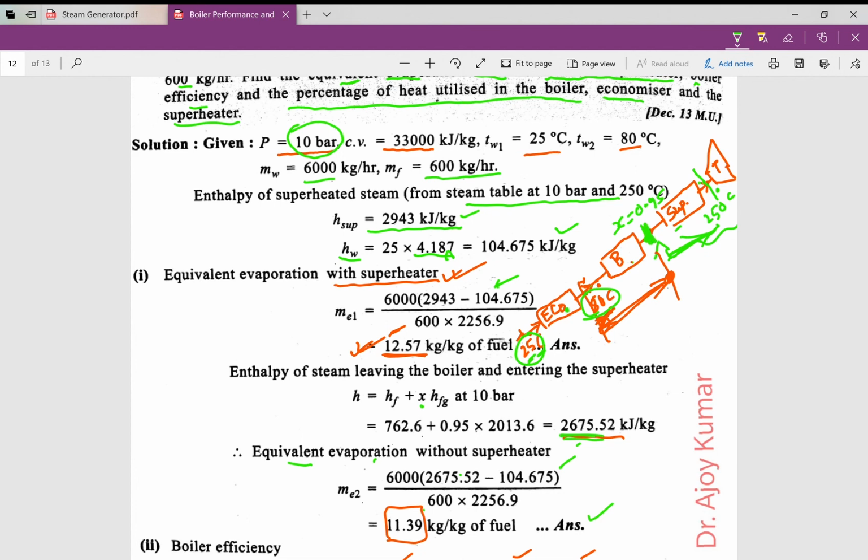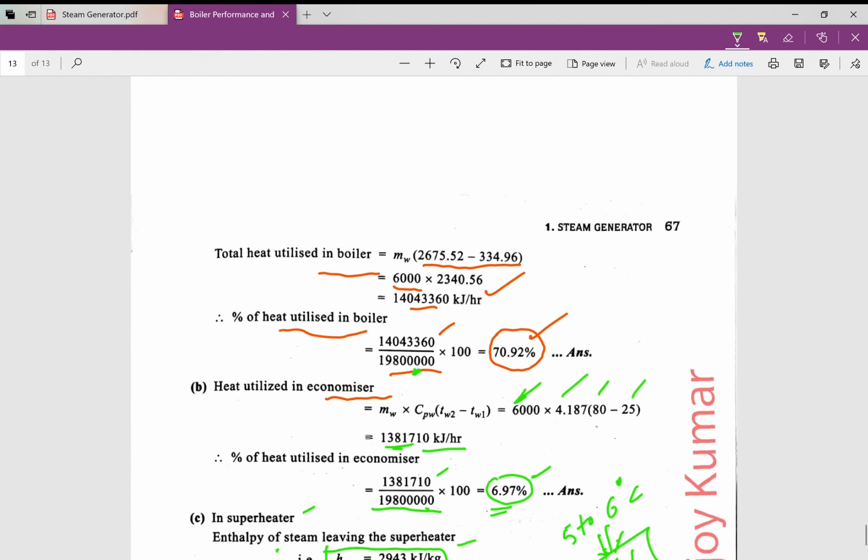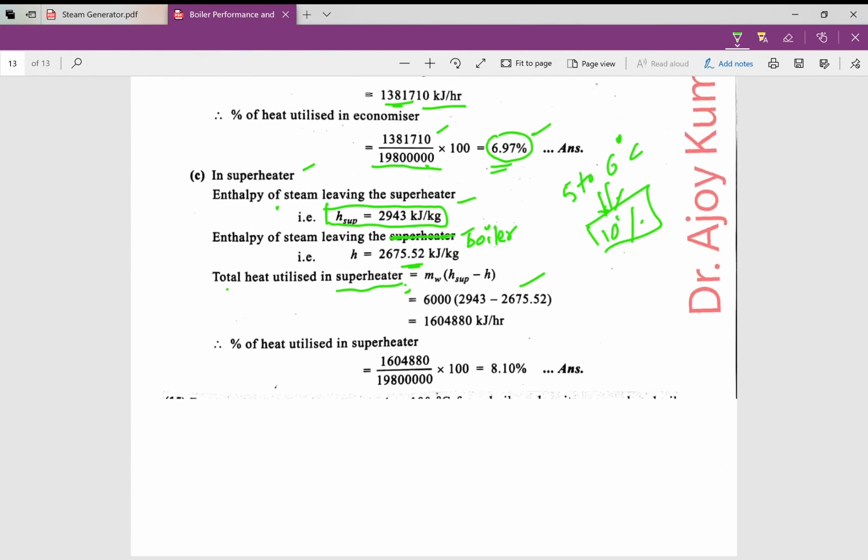So only from here to here this much heat is utilized in the superheater. So this portion is written over here. So this much amount of heat is utilized in the superheater, and so we can easily calculate the percentage, this value divided by MF into CV.